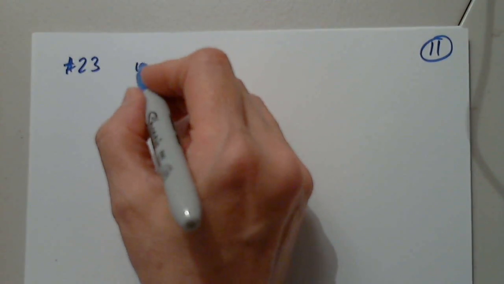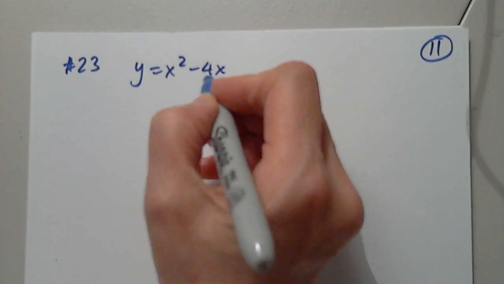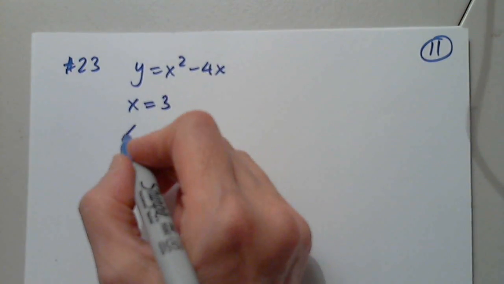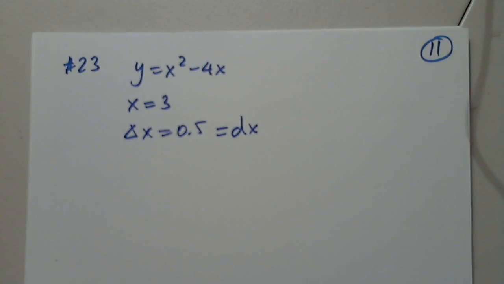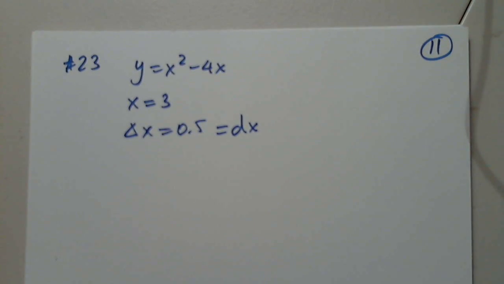Please choose any function. Can we do 23? 23, very good. So 23, y equals x squared minus 4x, x equals 3, and delta x equals 0.5, which is the same as dx. So they're asking us to find two different things.